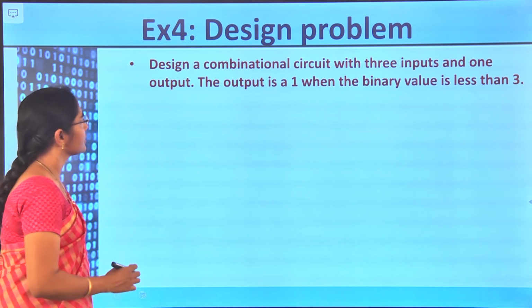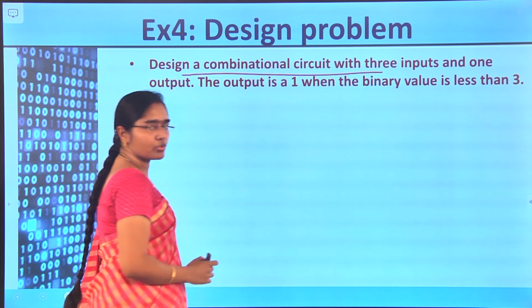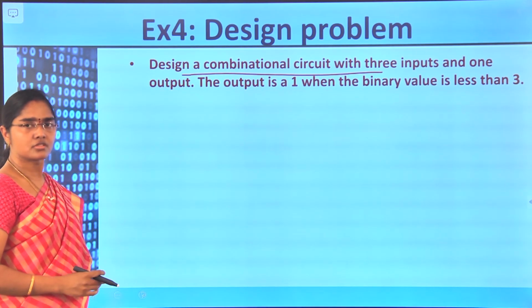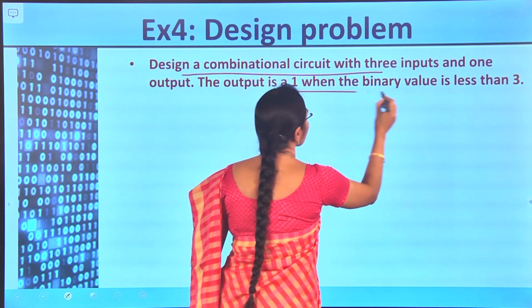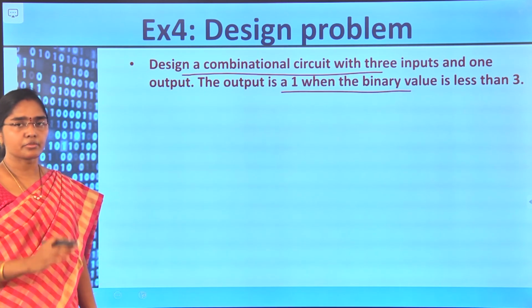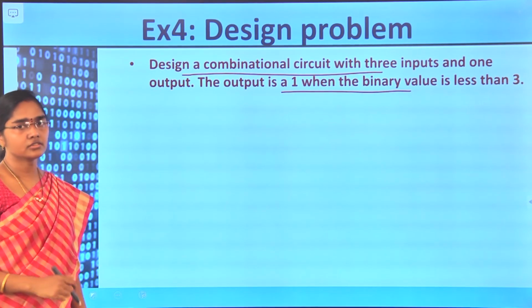Design this question: design a combinational circuit with 3 inputs and 1 output, where the output is 1 when the binary value is less than 3. Just represent the truth table, simplify the expression and draw the logic diagram.